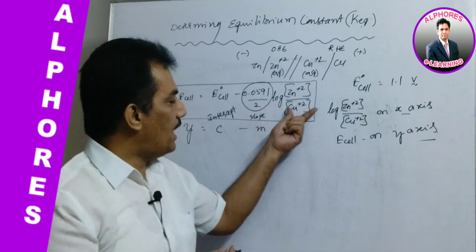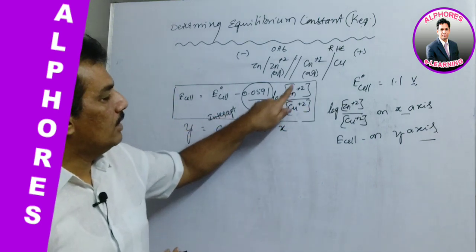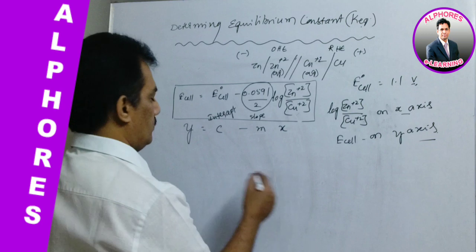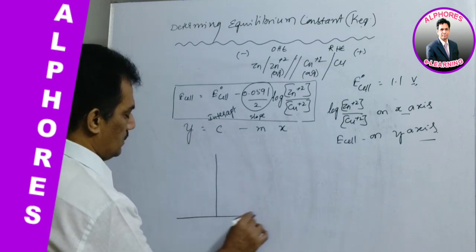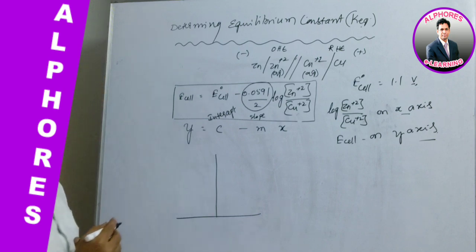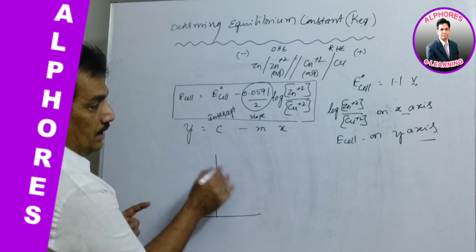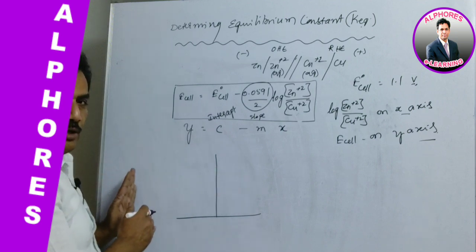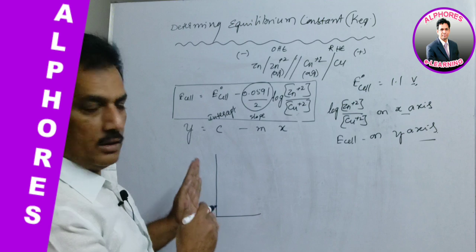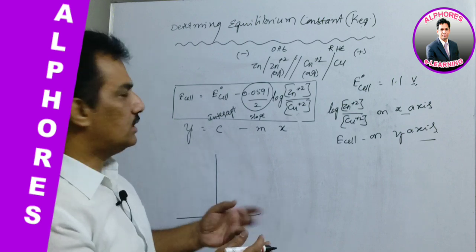And now let us substitute this value when we are having the graph like this, an intercept with a negative slope. Negative slope means, whether it is towards negative or positive concentration, let us consider.